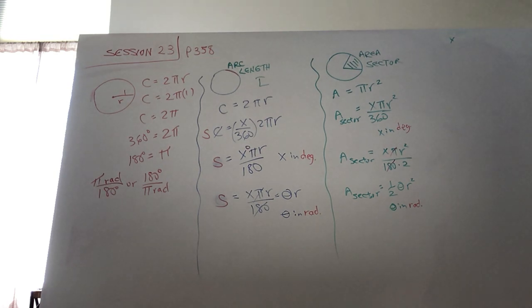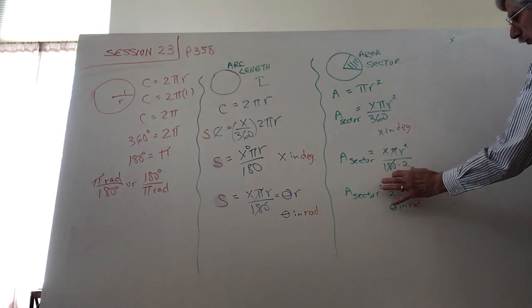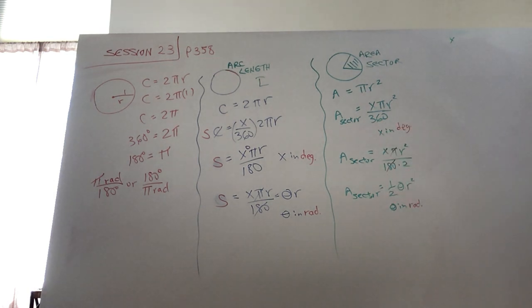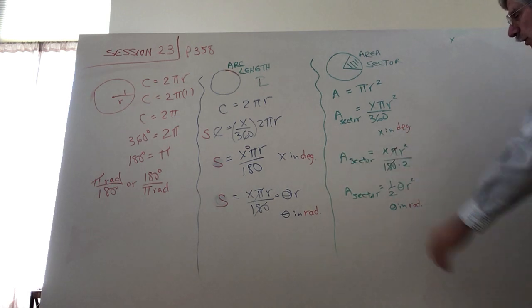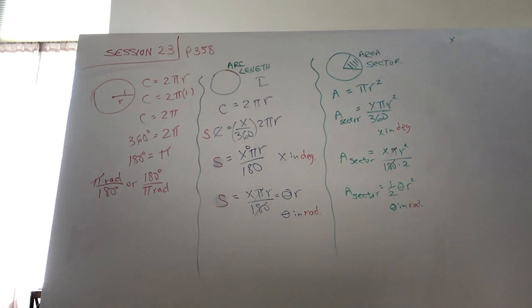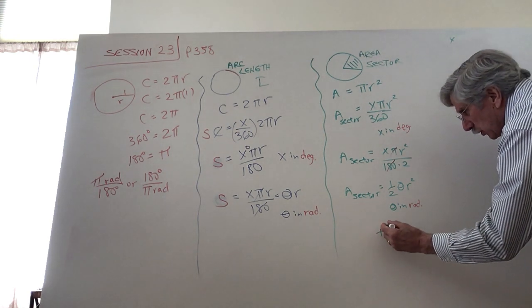If we like to talk about x in radians, then I'll change this 360 to 180 times 2. Then the 180 and pi, as we saw before, reduce to 1, and we're left with x r squared over 2, with x being the radians. We use theta instead. By the way, theta is just a Greek letter. I'll spell that for you, Theta.